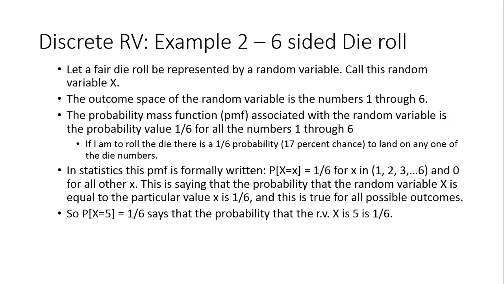I can do that also, but it's unnecessary in this case. So let a fair die roll be represented by a random variable. Call this random variable X. The outcome space of the random variable is the numbers 1 through 6.